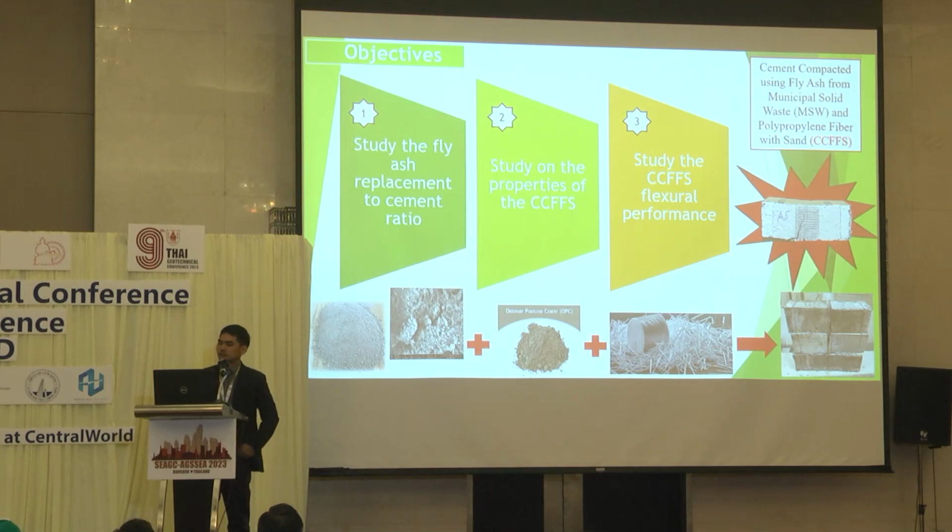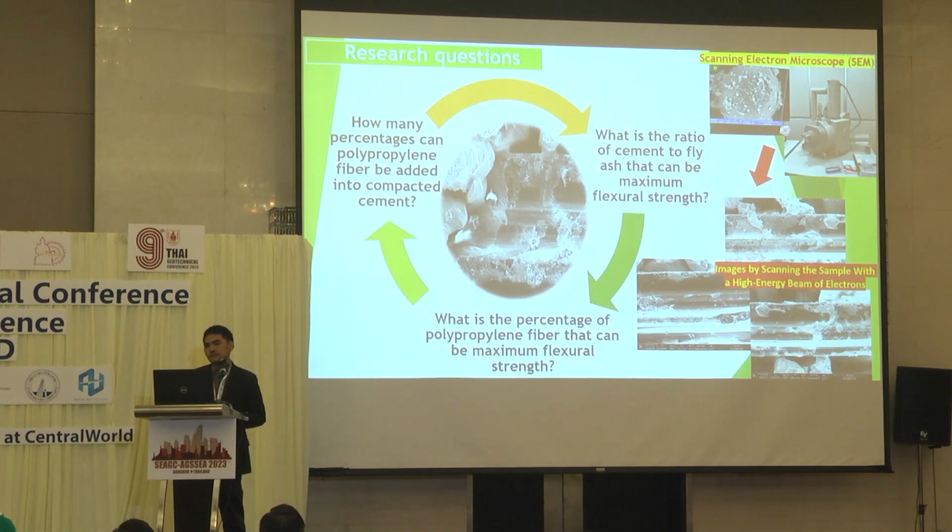The first is to study the fly ash to cement ratio, and the second is to study the properties of the CCFFS. CCFFS in this study means cement compaction using fly ash from municipal solid waste, MSW for short, and polypropylene fiber with sand. And the last is to study the CCFFS flexural performance.